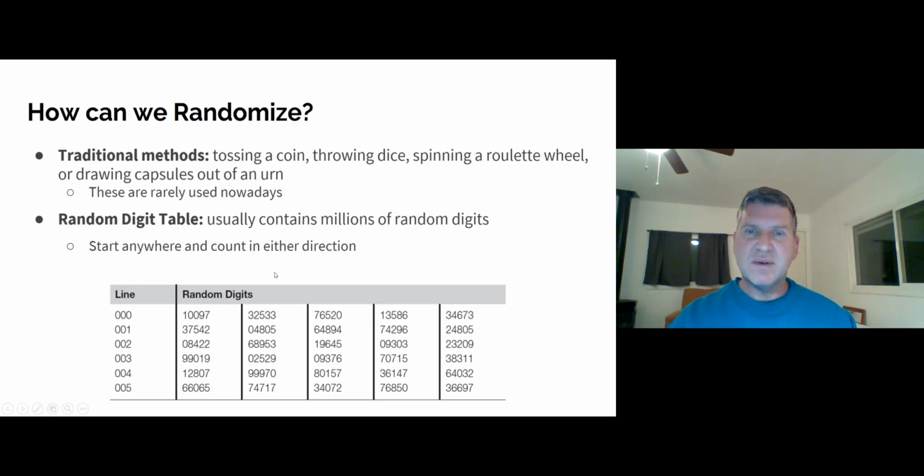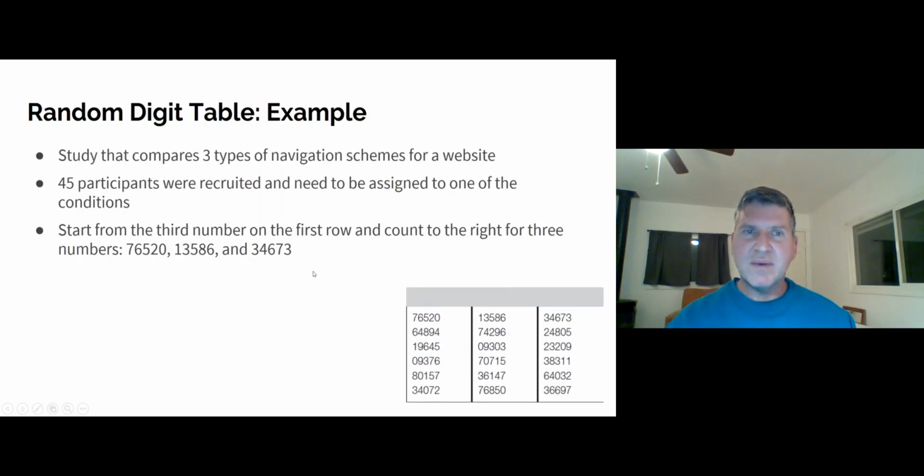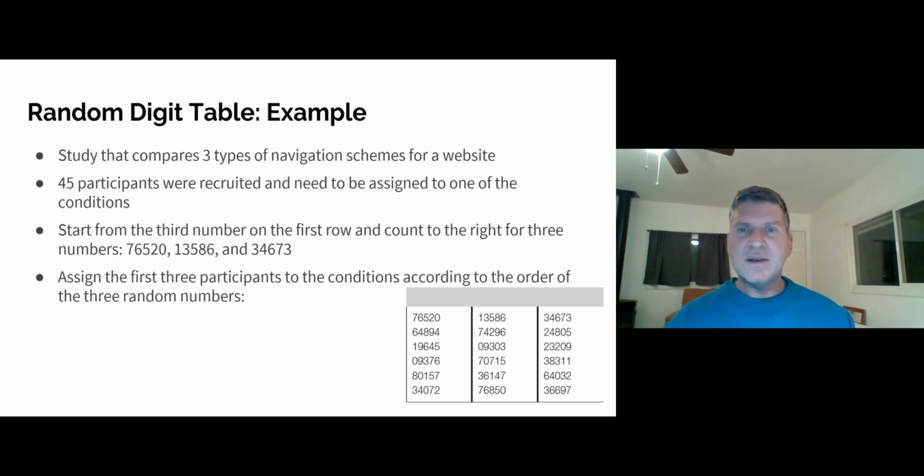So we start here with 76520, and you can see that we apply it and start counting to the right. Then we come up with these 3 numbers on that first row, and this allows us to determine an order. For example, since the first one is the largest, this would correspond to condition 3.